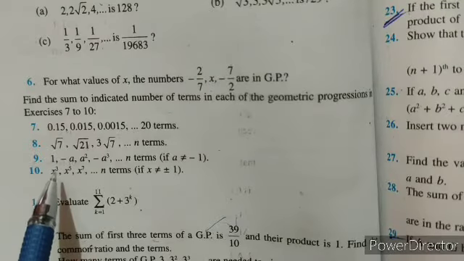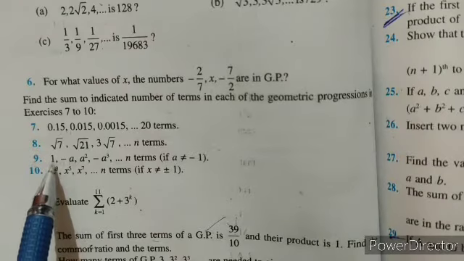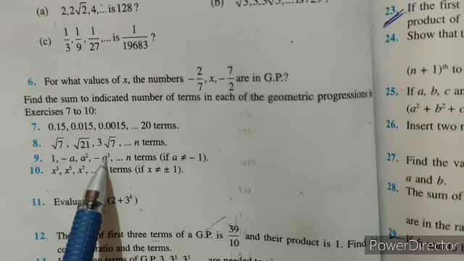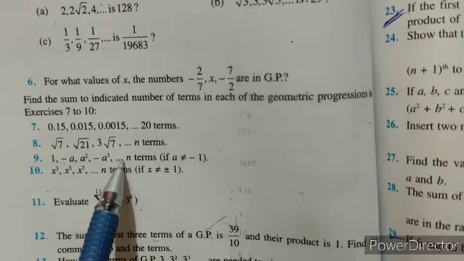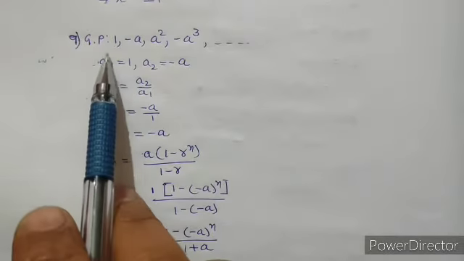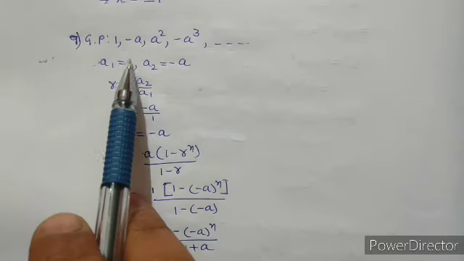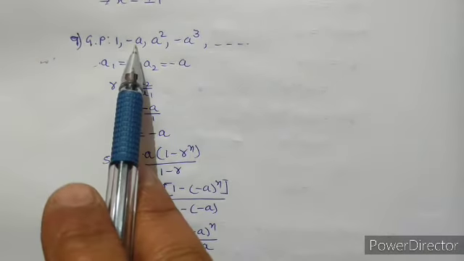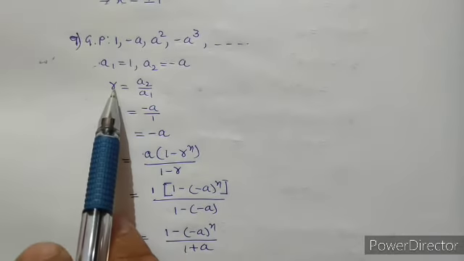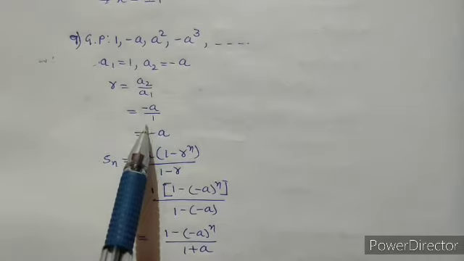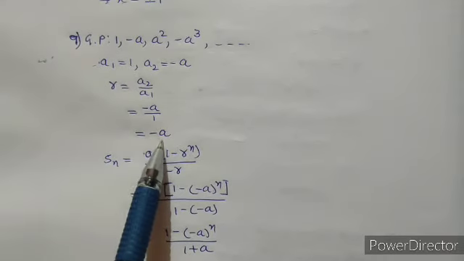Now in question number 9, we have to find the sum of the GP 1 minus a plus a square minus a cube up to n terms. Now here GP is given to us, whose first term a1 is 1 and second term a2 is equal to minus a. Now common ratio R will be equal to a2 upon a1, and that will be minus a upon 1, that is equal to minus a.